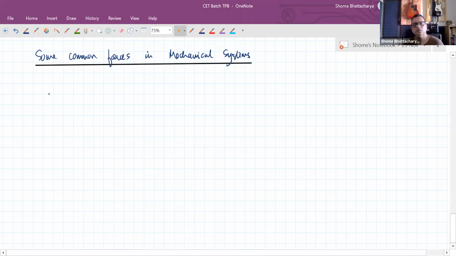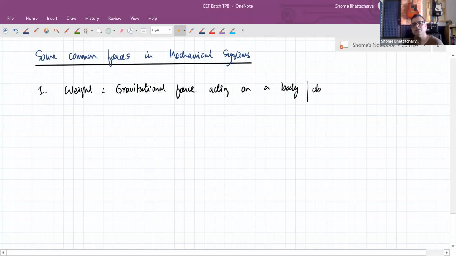So the most fundamental one here is weight, which we all know. This is the gravitational force acting on a body or object or particle of mass m on the Earth's surface.